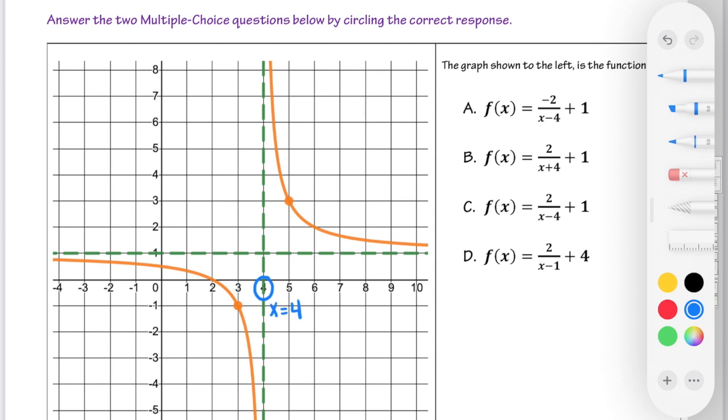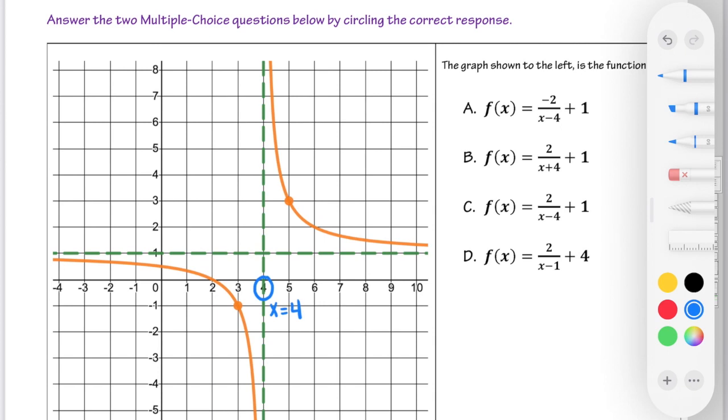The vertical asymptote is always found in the denominator of my rational function, but the sign is always switched. So if I have a vertical asymptote at x equals 4, that means my denominator should say x minus 4. It's always the opposite sign for the vertical asymptotes.